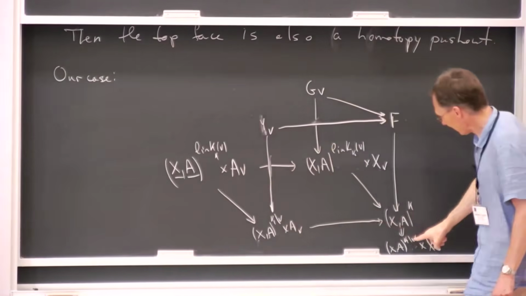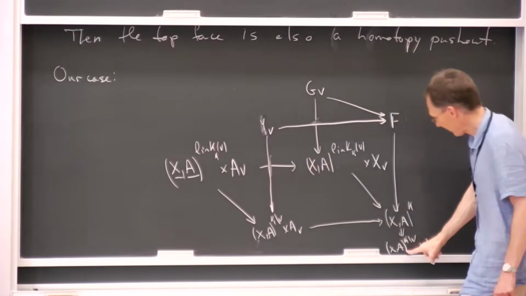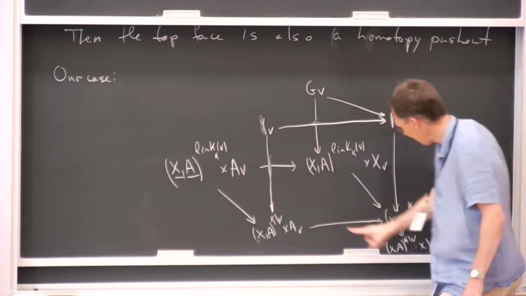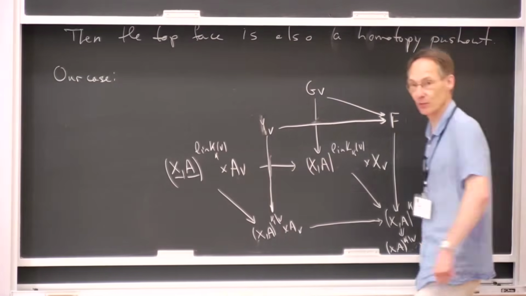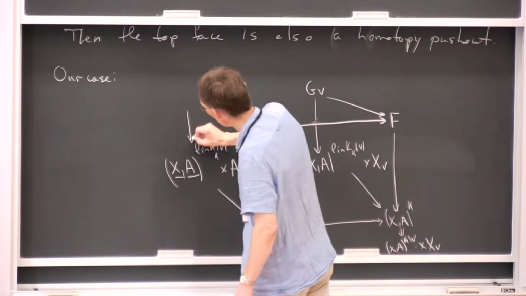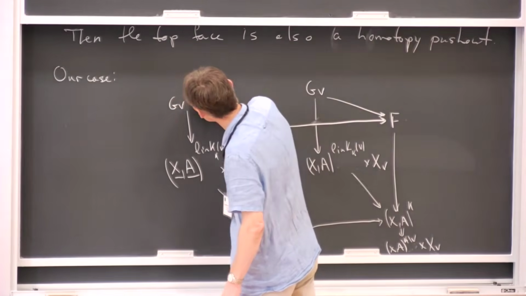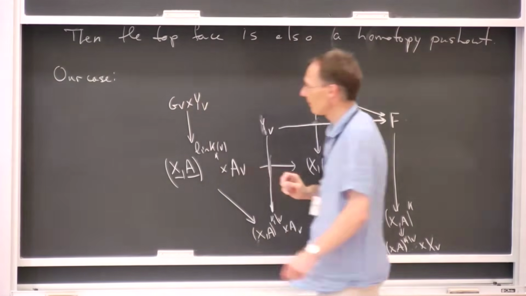Mapping this corner in, you've got the link mapping to the restriction and A mapping into X. So when you take fibers, you'll get a G crossed with a Y.